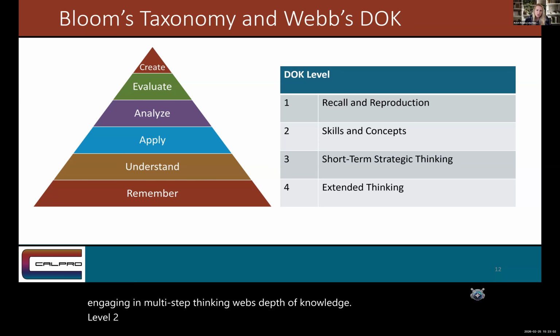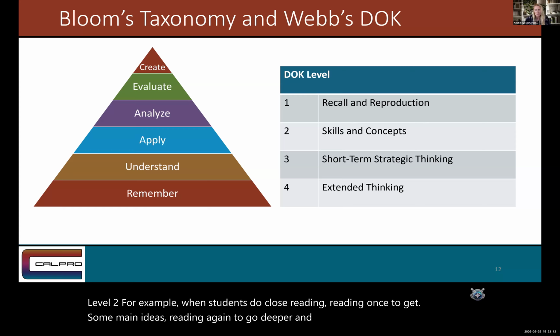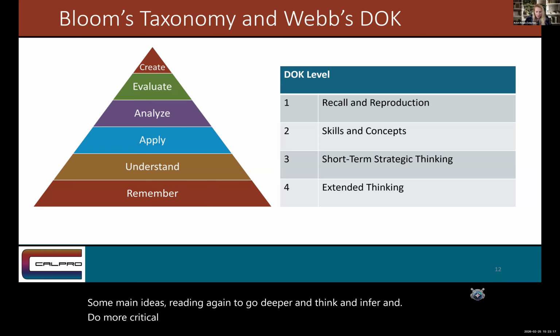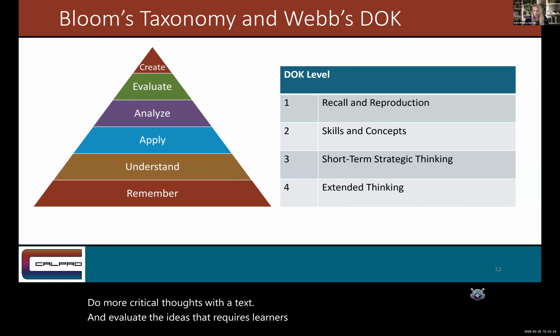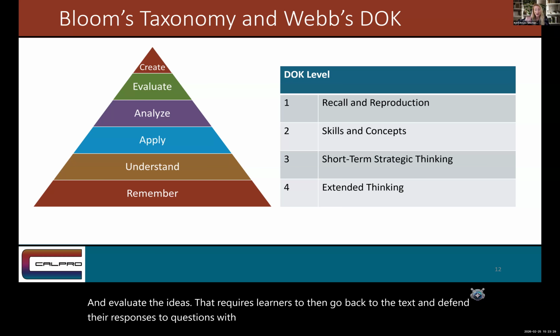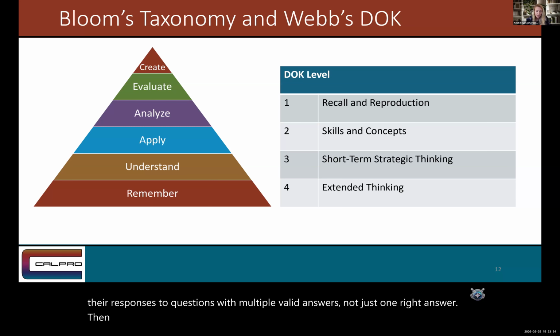When students do close reading, reading once to get some main ideas, reading again to go deeper and think and infer and do more critical thought with a text, and evaluate the ideas, that requires learners to then go back to the text and defend their responses to questions with multiple valid answers, not just one right answer. Then we're getting higher up to, for example, Webb's depth of knowledge level 3.